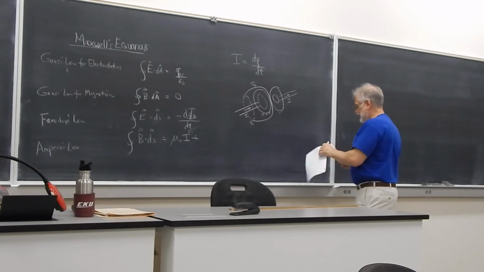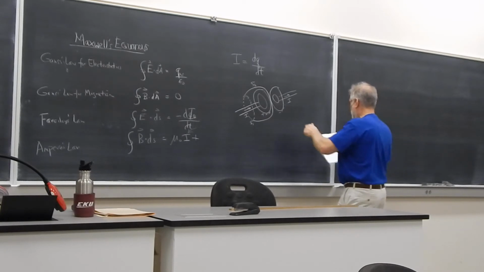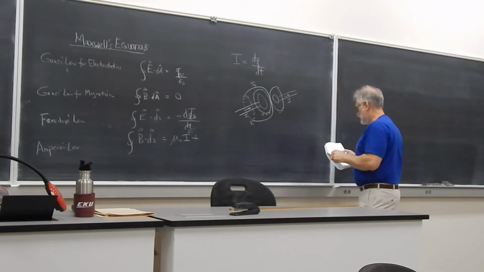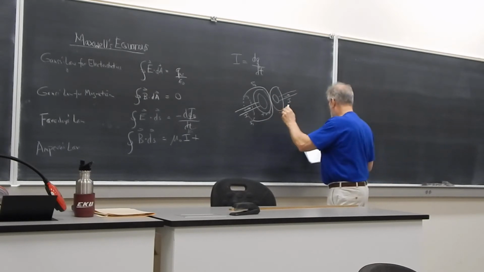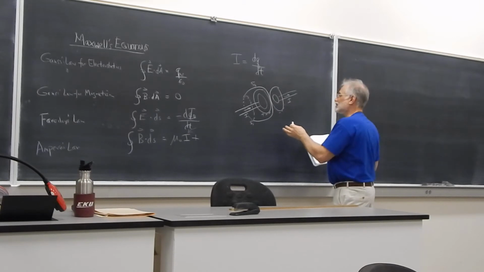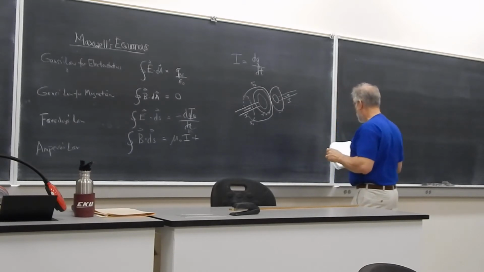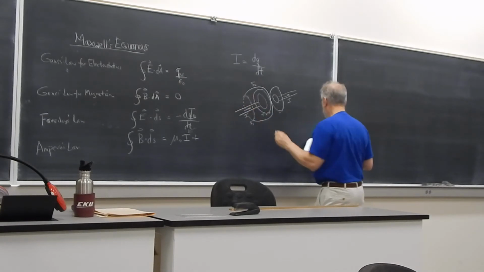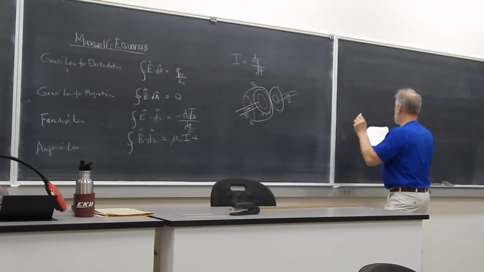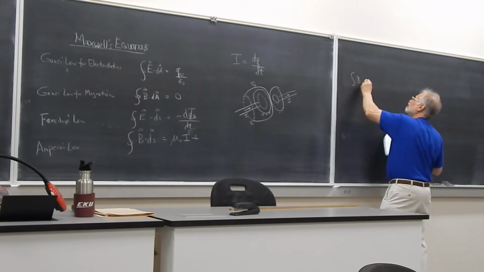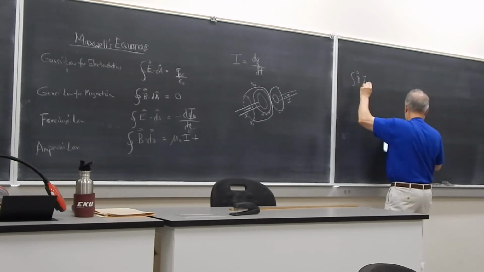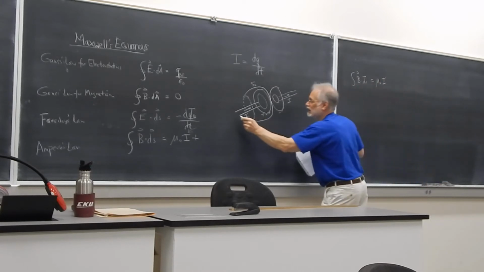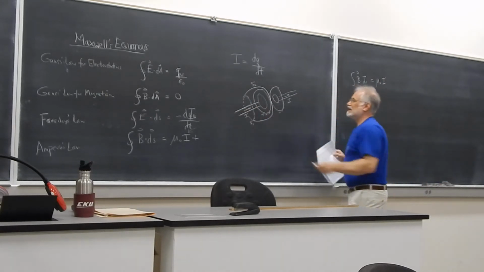Let's see what happens. Ampere's law states that the integral of B dot ds around the path must equal mu naught I, where I is the total current that goes through any surface bounded by the path. So, when this path is the boundary for surface S1, notice what happens. Integral B dot ds is simply equal to mu naught I, because I have conduction current passing through the path in that way.